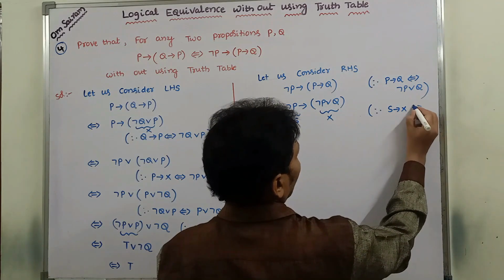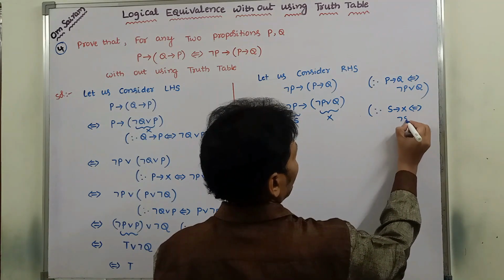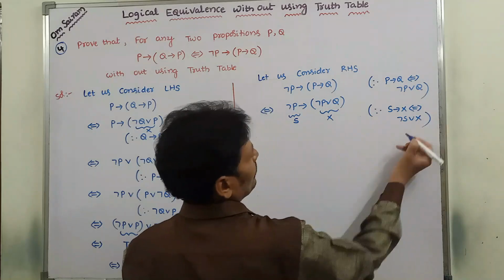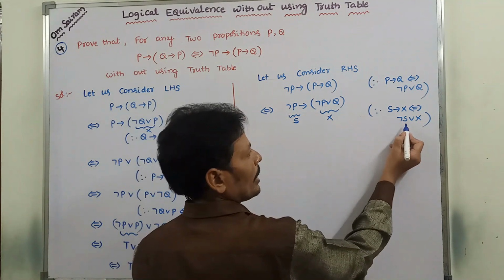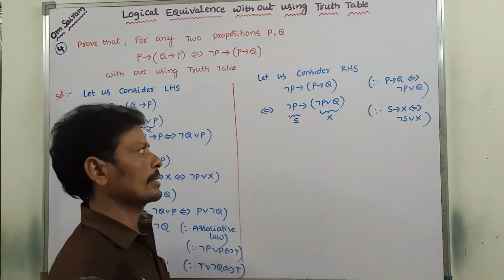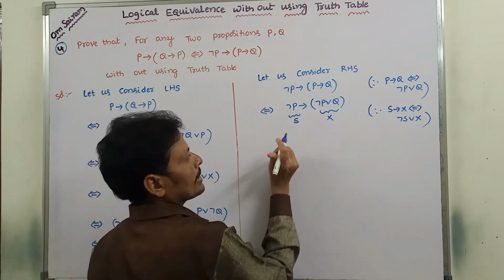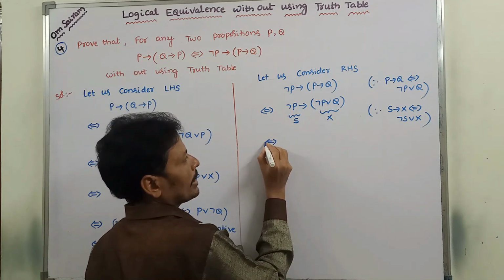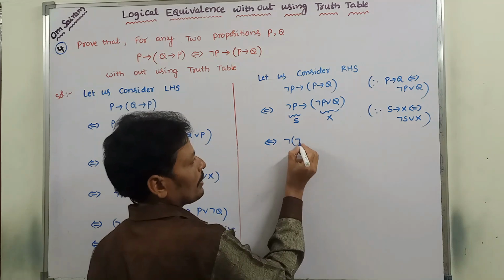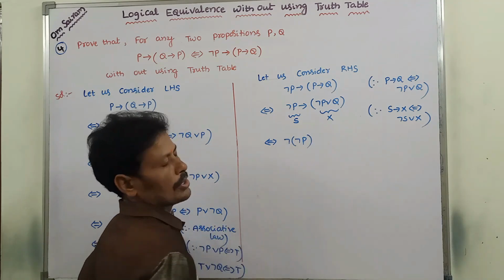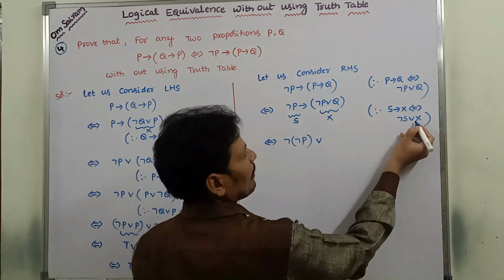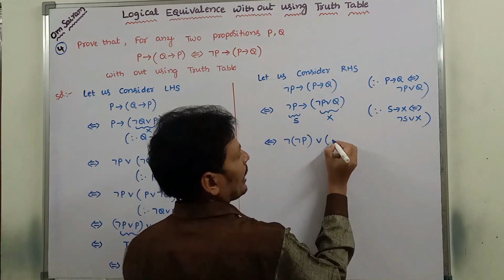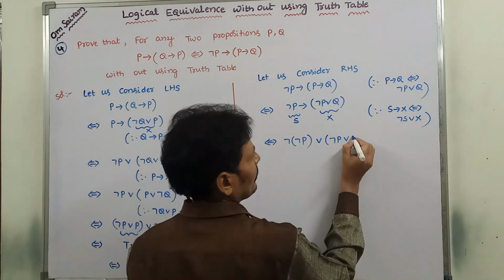It is logically equivalent to negation S or X. Okay. So, in the place of S, we have to write negation S. In the place of S, what is there? Negation P is there. For that one, I am applying negation. Or X. In the place of X, what is there? Negation P or Q.